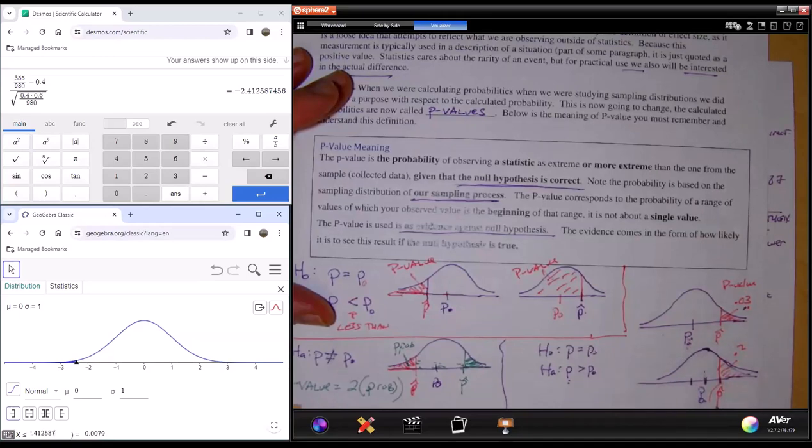So the question becomes, why do we observe this value? If the null hypothesis is correct, one possibility is we got unlucky. Another possibility is that this one is correct, and then we did not observe a rare event at all. We observed a very common event when compared to what the null hypothesis should be, or the population parameter.